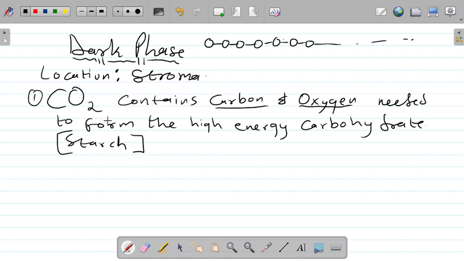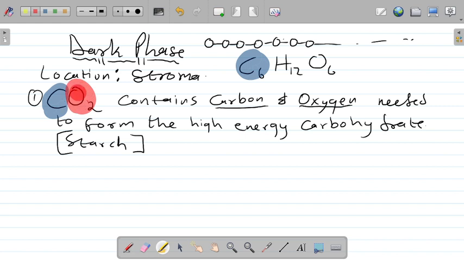So that is why we need glucose. And what is glucose? C6H12O6. But what do we need? We need the carbon. What else do we need? We need the oxygen to make this glucose.